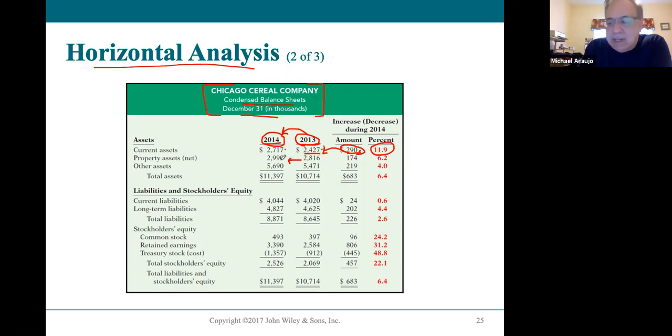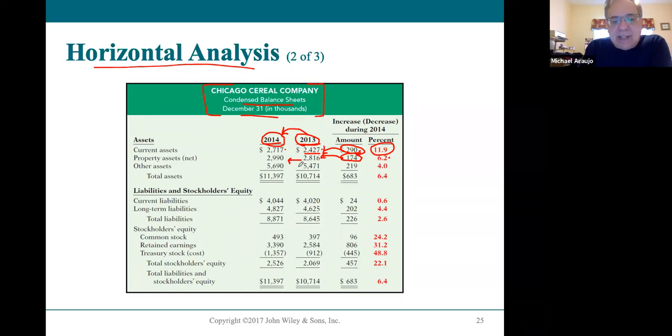In 2014, it was 2,990. That's an increase of 174. Well, an increase of 174, so Jen, this is for you and everybody else. 174 increase on a base of 2,816 is a 6.2% increase, okay, from one year to the next.